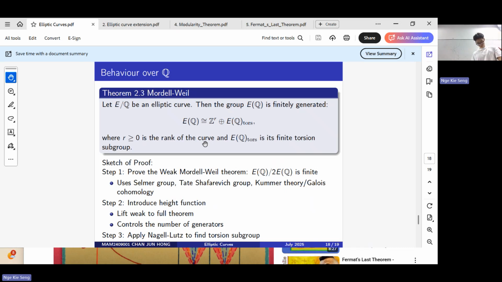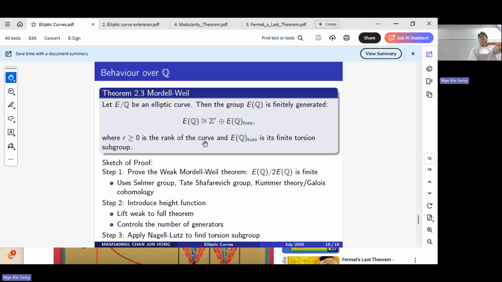So the rank of the curve is the number of infinite order elements. Of course, we're talking about rational points. Rational points on a curve are indeed infinite.